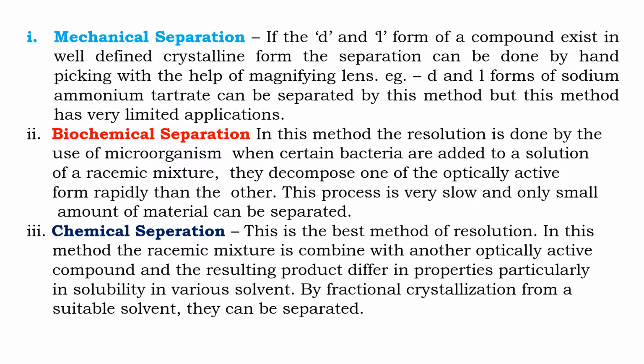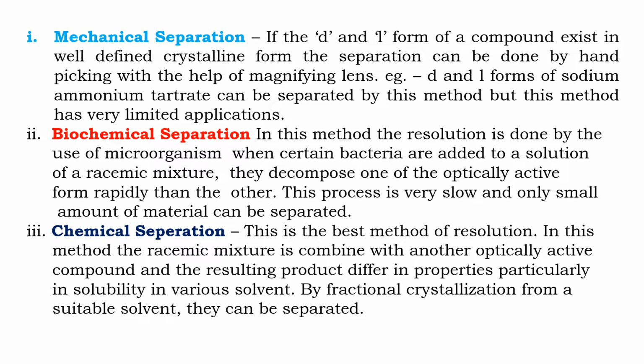The three important resolution methods are mechanical separation, biochemical separation, and chemical separation. In mechanical separation, we separate the D and L mixture by hand picking, because when we crystallize a racemic mixture, the dextro and levorotatory isomers have different crystalline shapes.